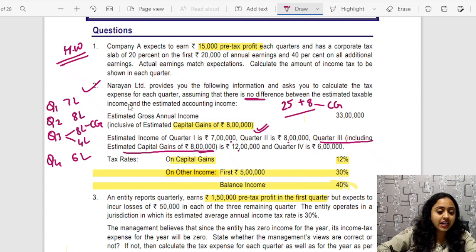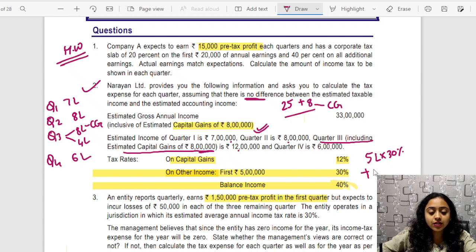Okay, so 5 lakh into 30% plus 20 lakh into 40% plus one more tax, that is 8 lakh into 12%. So this is how your tax will come.